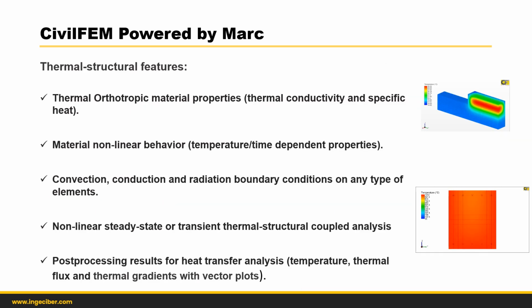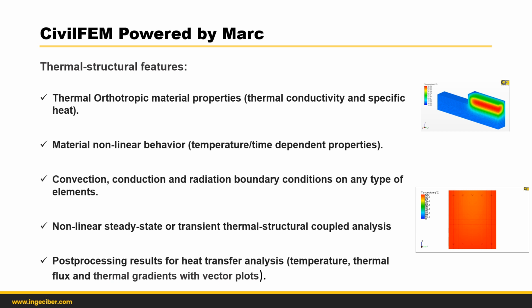Yes, the features of this type of analysis are thermal orthotropic material properties, including thermal conductivity and specific heat, nonlinear behavior of the material, including temperature and time dependent properties.